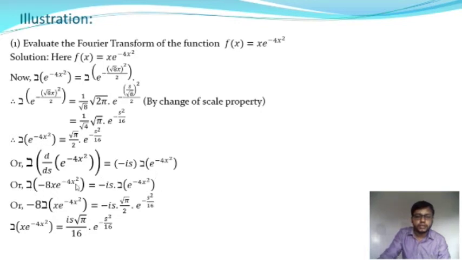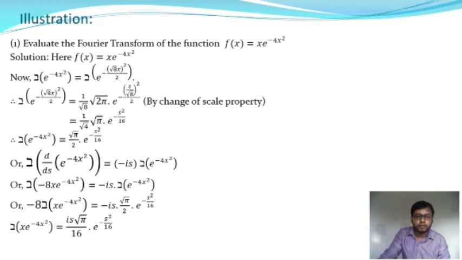Okay, then after simplifying, it will give minus 8 into zeta of x e to the power minus 4x² is equal to minus is into root of pi by 2 into e to the power minus s square by 16.